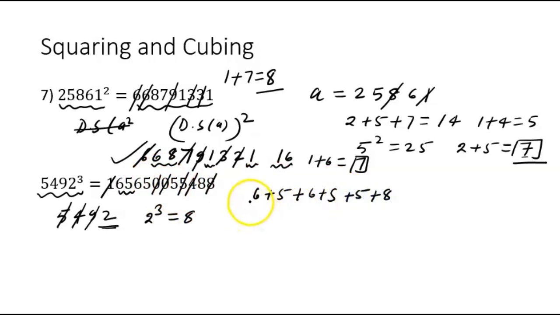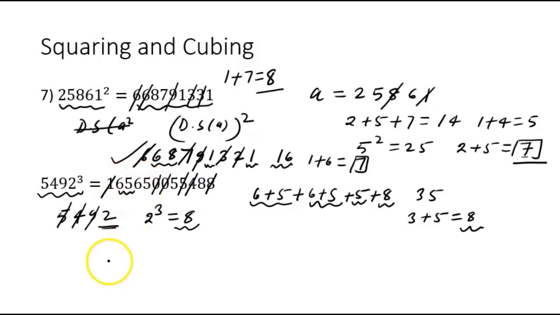So what we are getting: 11 plus 11 is 22, plus 5 is 27, plus 8 is 35. So 35, and 3 plus 5 is equal to 8. We saw that the digit sum on the left hand side is 8. On the right hand side also it is 8. So the answer given here is correct, there is no problem with this.